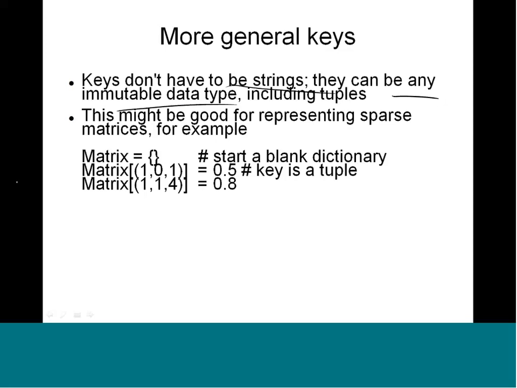Here there is a matrix which is just a blank dictionary, and then we populate one value, 101, with 0.5. So the key is a tuple, you can see it's enclosed within parentheses, and 114 is another one which is 0.8. To represent this, it's good that you don't have a string or any other data type.